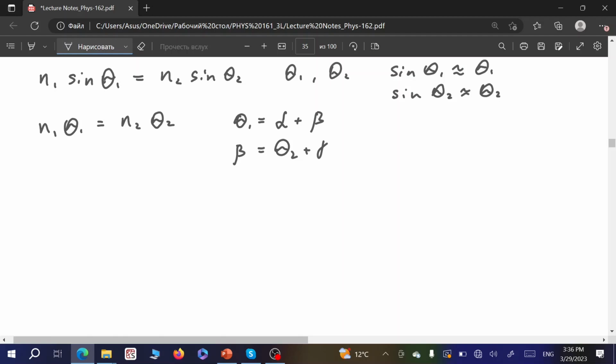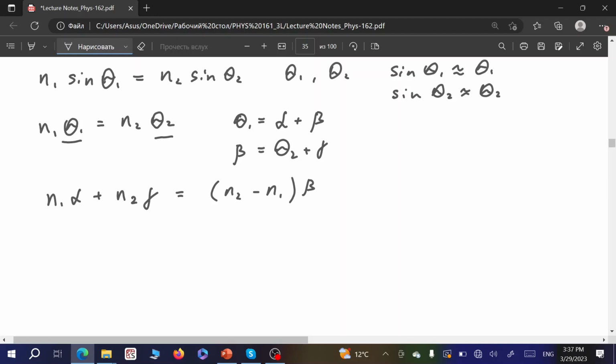So now we express θ1 and θ2 in terms of α, β, and γ. So we will get the following: n1 times α plus n2 times γ is equal to (n2 minus n1) times β.